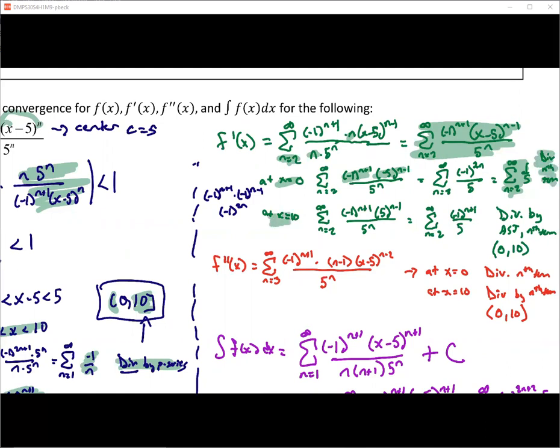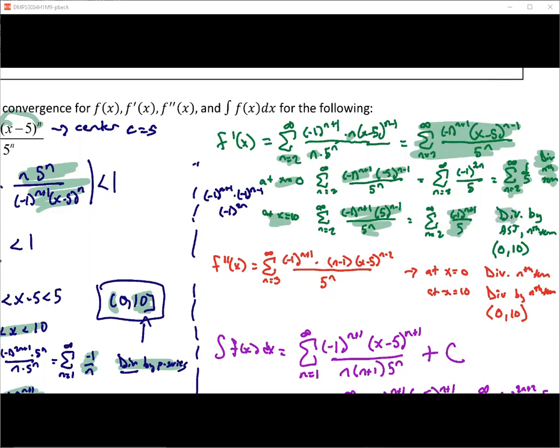Then at x equals 10, what happens? Let's plug in x equals 10, and I will get that expression. Simplified, it gives me an alternating series. But we have to be watchful: this is not like the alternating series that we were looking at. This is not convergent, it's actually divergent. Why?